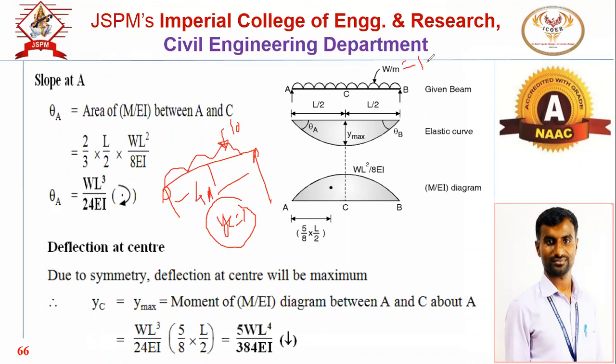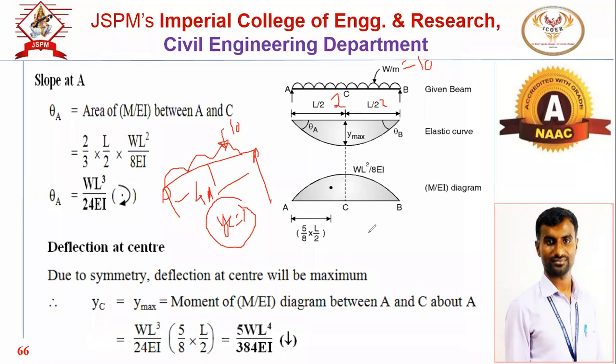Instead of UDL, they have given this 10, this is 2 meter, this is 2 meter. How will you solve it? Which approach? Put the values in the formula. Length is given and W is given.